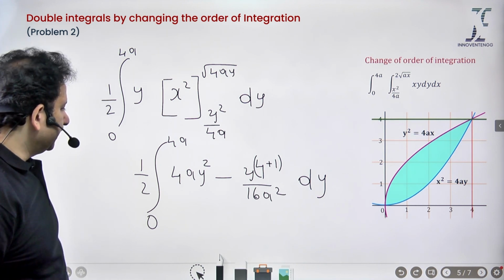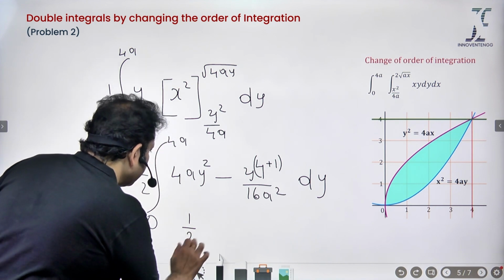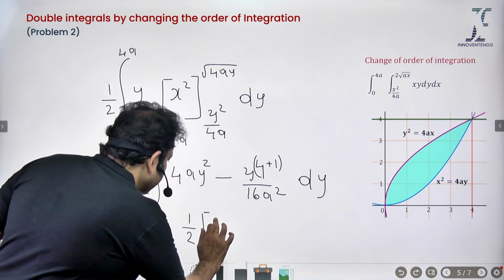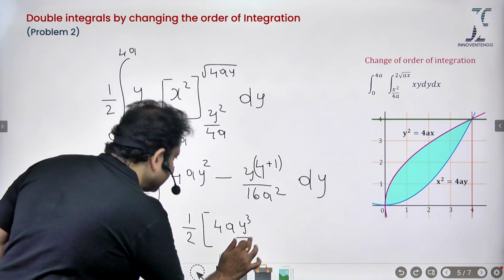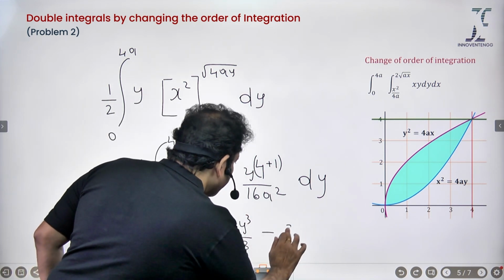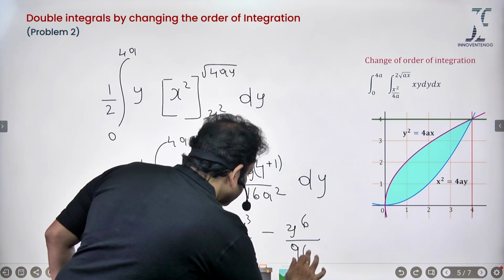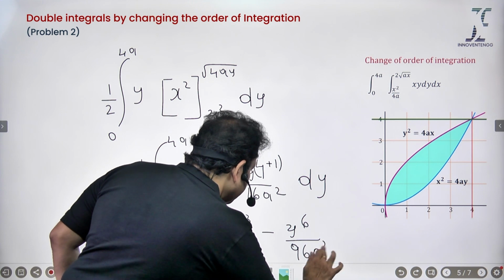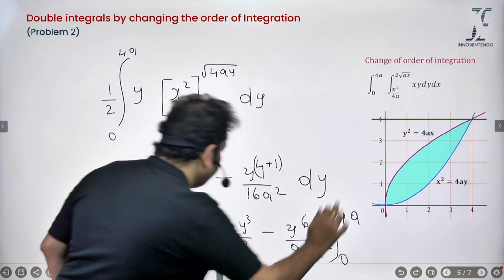So now if I integrate once again, what I will get here is very simple. Half, here you will get 4ay cube by 3, and then minus y power 6 by 6 into 16, 96 a square, and the limits are from 0 to 4a.